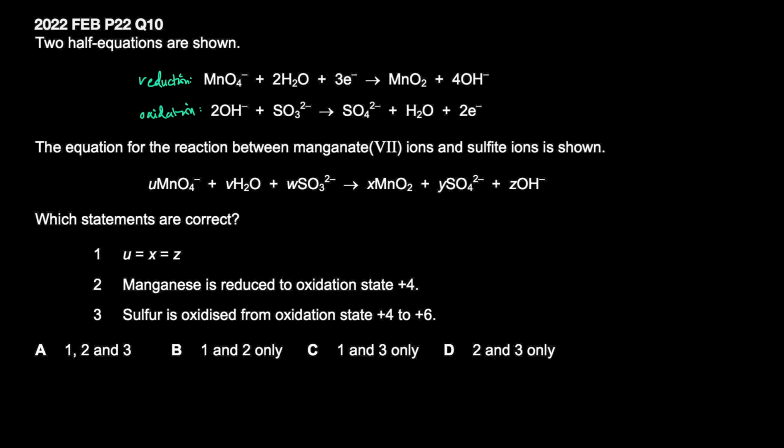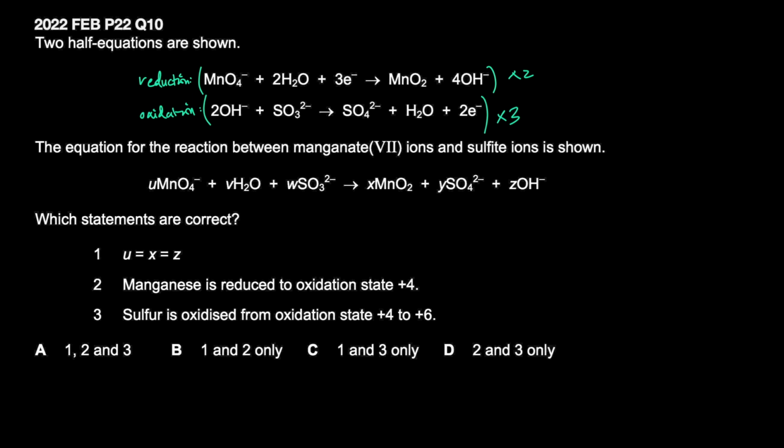Now if you had to write down the overall equation for this reaction, you need to balance the number of electrons. We have 3 electrons on the left here and 2 electrons on the right in the second half equation. So we're going to multiply the top equation by 2. I'm going to multiply the bottom equation by 3. If we do that, we balance the number of electrons.